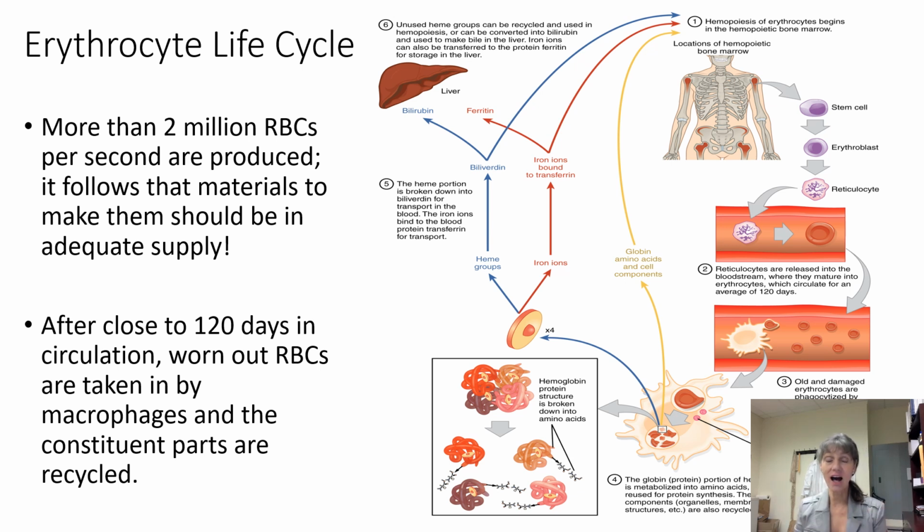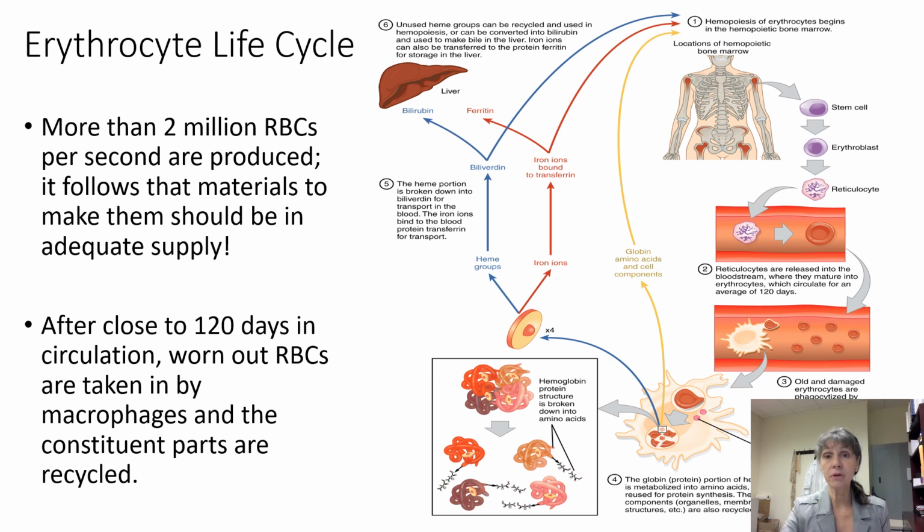The non-iron portion of heme is further broken down into a waste product, a green pigment protein known as biliverdin, and the biliverdin can also be converted into a different protein pigment known as bilirubin, which is a yellowish orangey protein pigment.